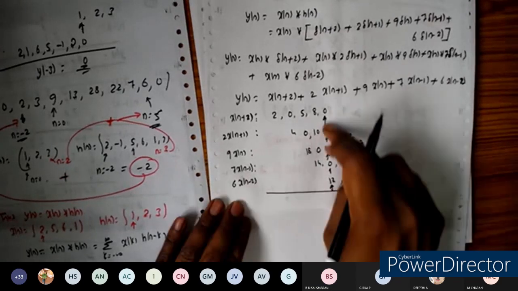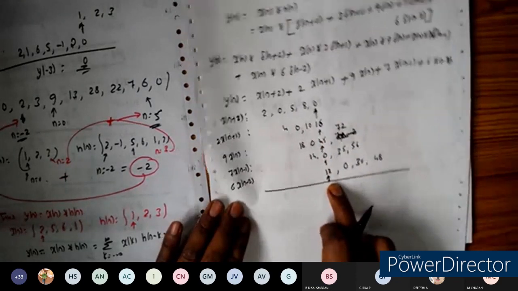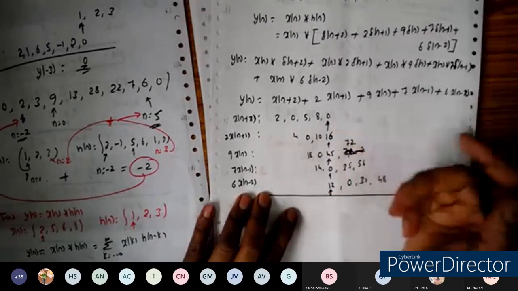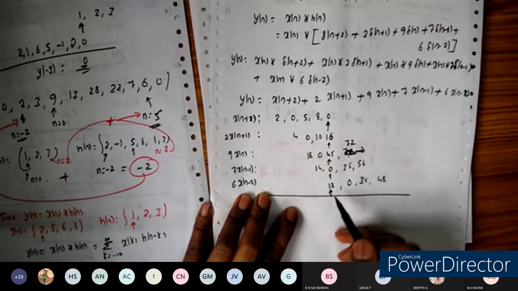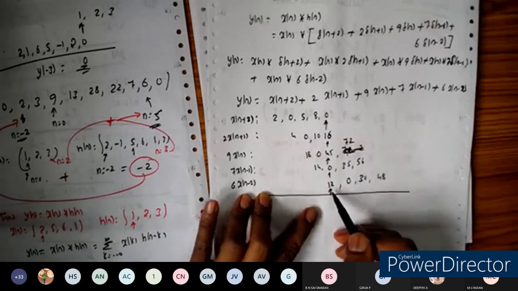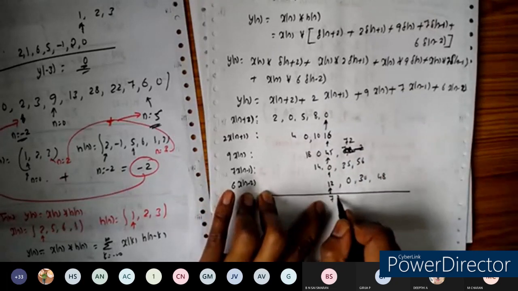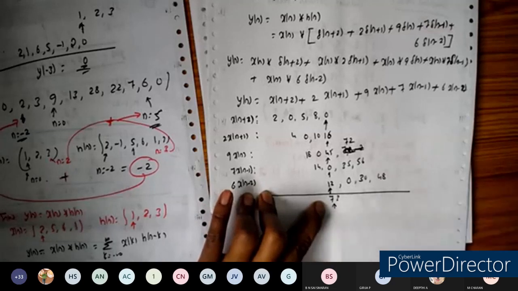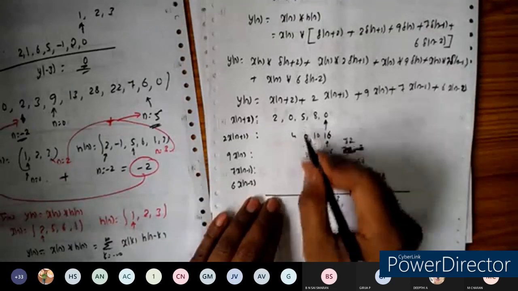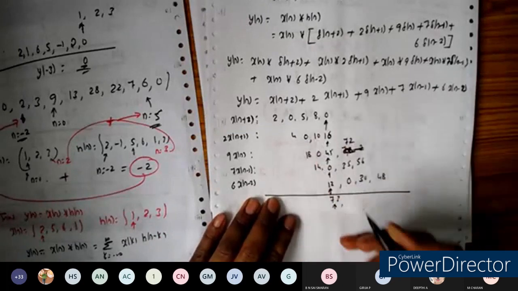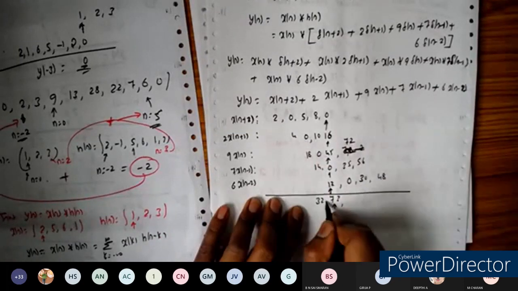Now you can add all the sequence values at n equal to 0. You can start from this one here. So it is 16 plus 45, it is 61. 61 plus 12, 73 you get. You got 73, right? Next you can add towards minus 1, minus 2. So 18 plus 14 is 32.